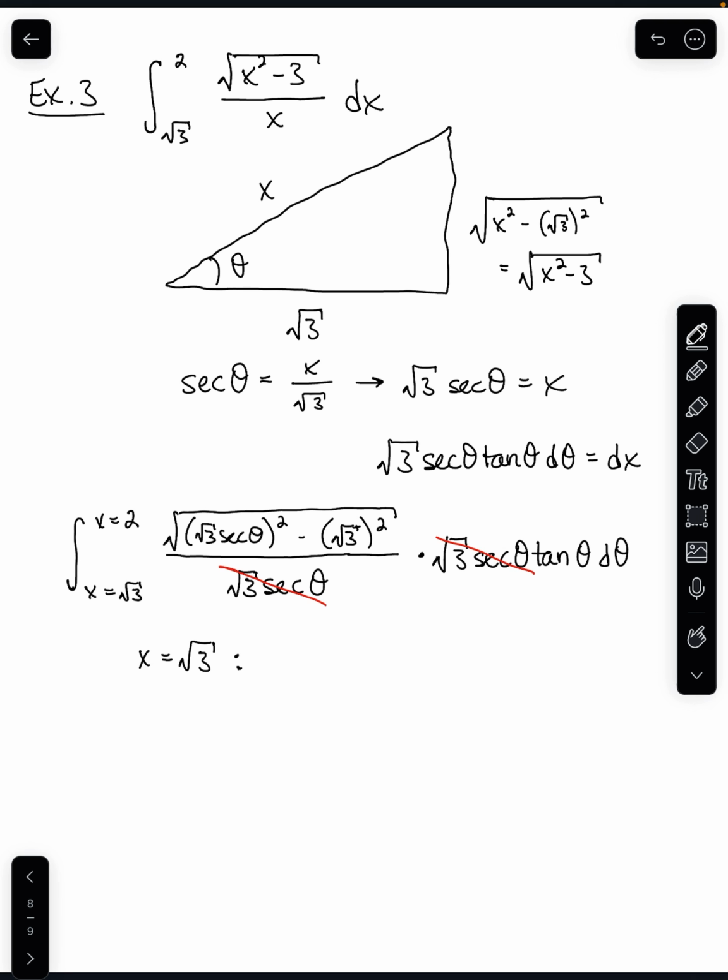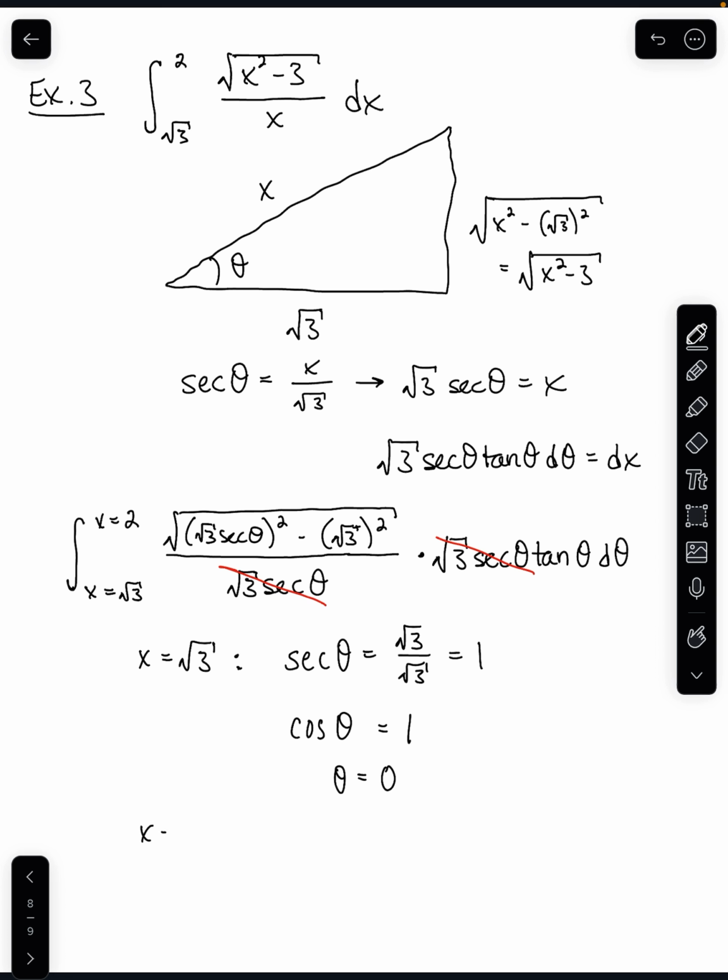For the lower limit, when x is equal to the square root of 3, secant theta would be equal to the square root of 3 over the square root of 3, or simply 1. The reciprocal of secant theta, cosine theta, would then be equal to the reciprocal of 1, which is 1, and thus theta would be 0.